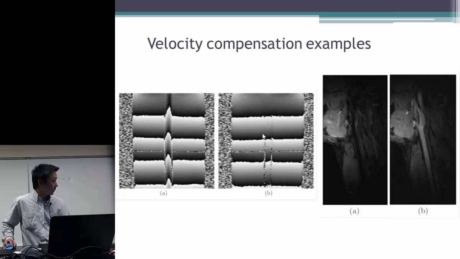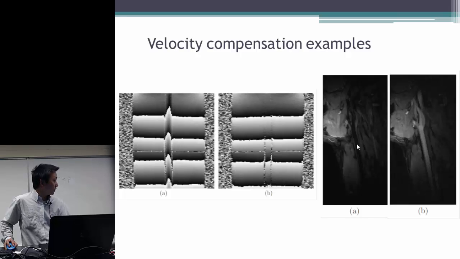But after the compensation, this additional phase becomes 0 because of the flow compensation. So it appears as if the fluid inside the tube is also static. And this is on the phase imaging.